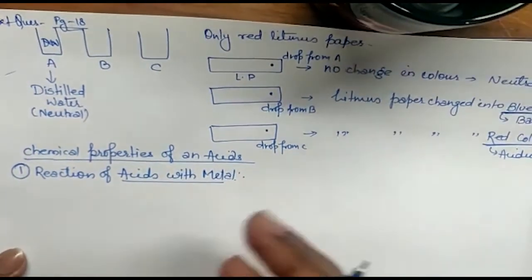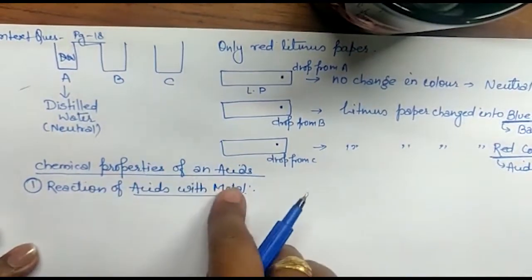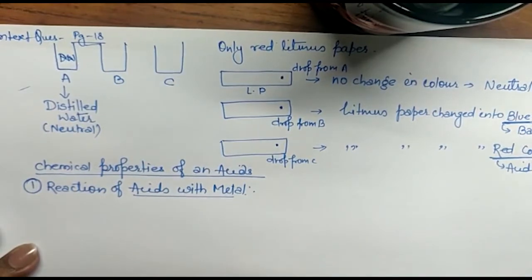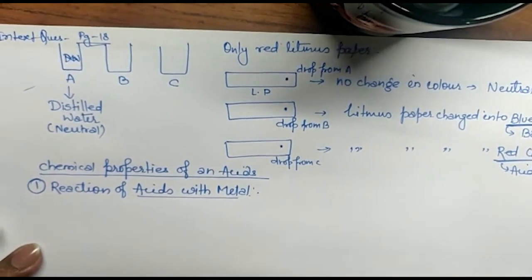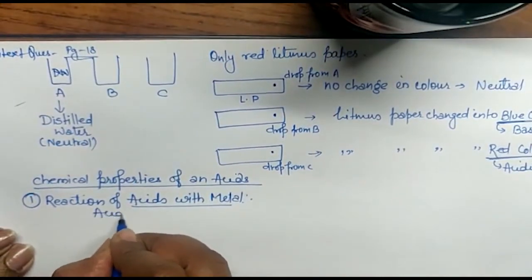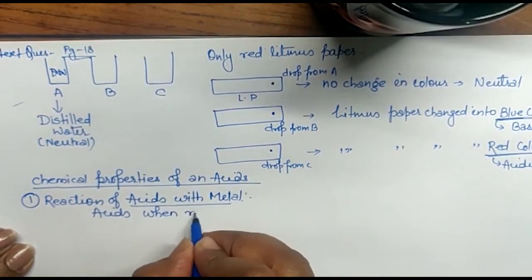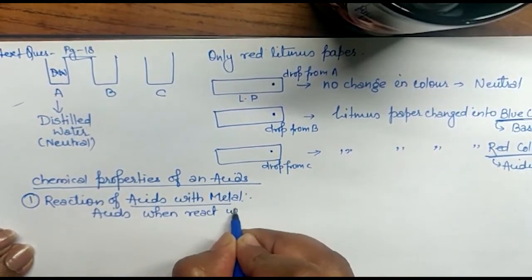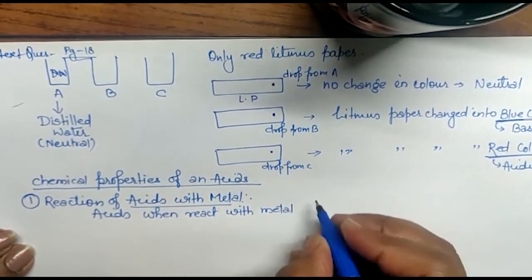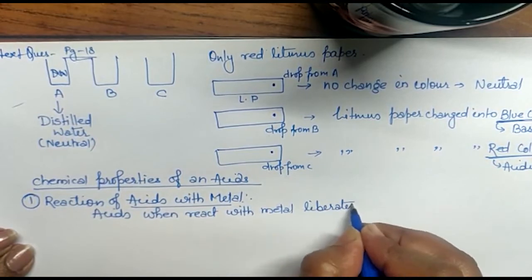See, if any substance reacts with metal and liberates H2 gas, that substance will be considered an acid. So I am writing: acids, when they react with metal, liberate H2 gas.